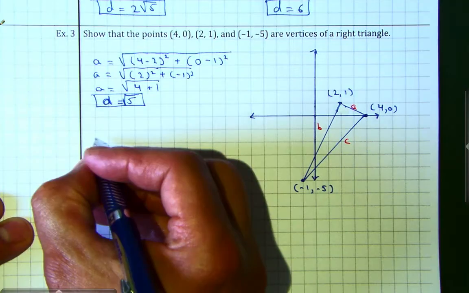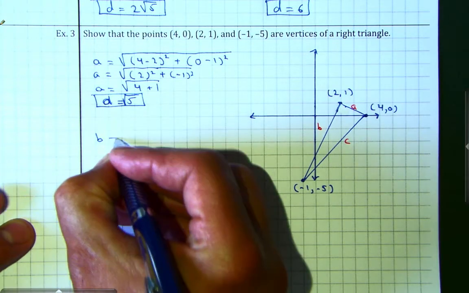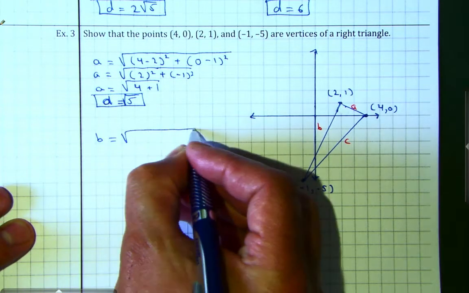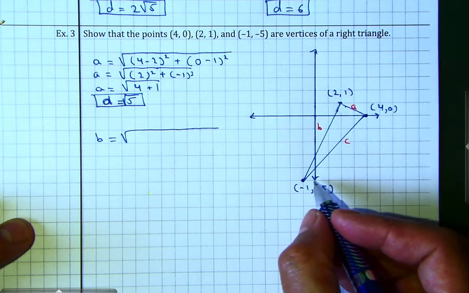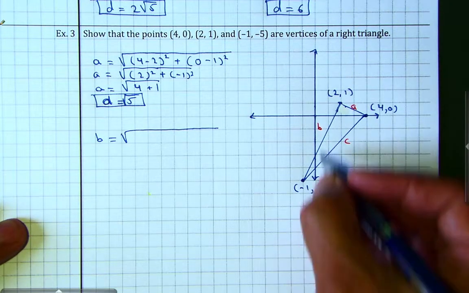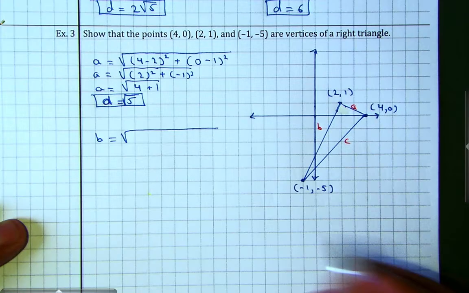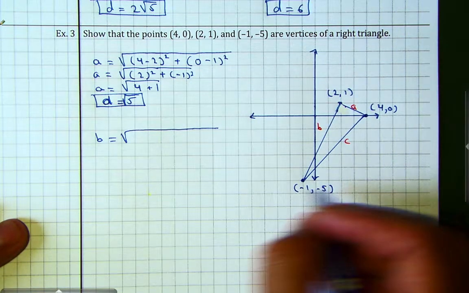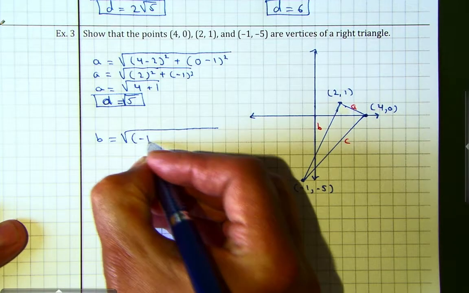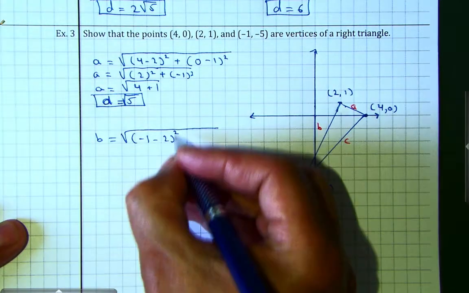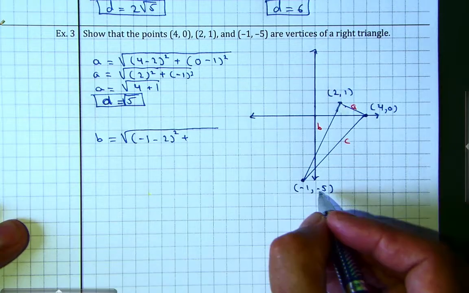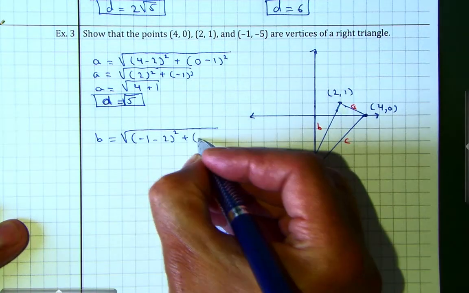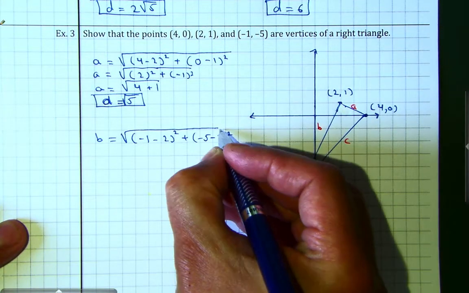Now let's find B. B equals the square root. It will be the difference of your x's, so negative 1 minus 2. Notice that if you do 2 minus negative 1, you'll end up with the same answer. So this will be negative 1 minus 2 squared plus negative 5 minus 1 squared.